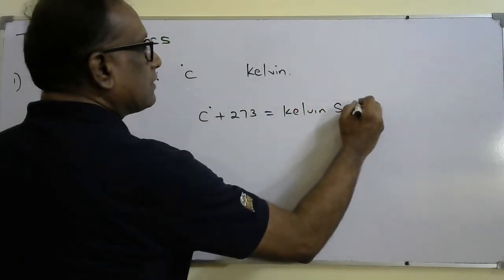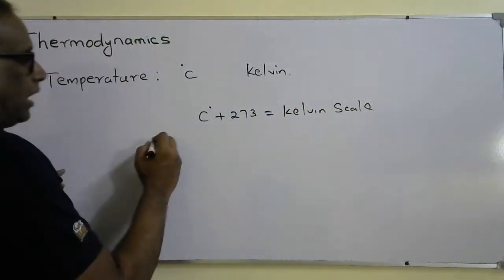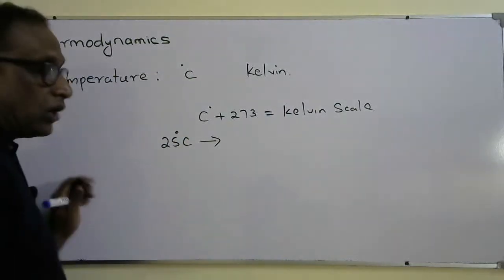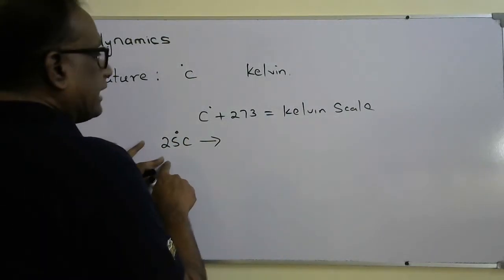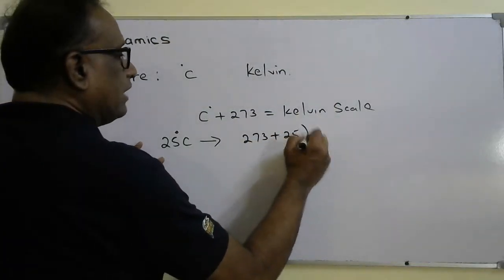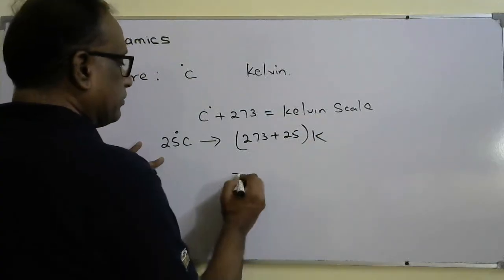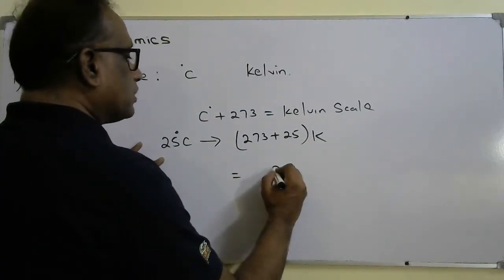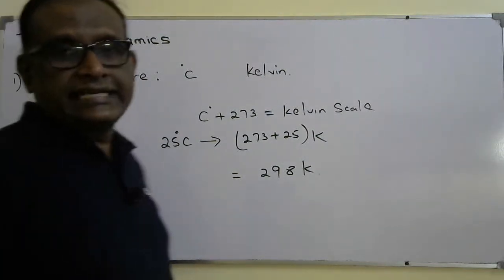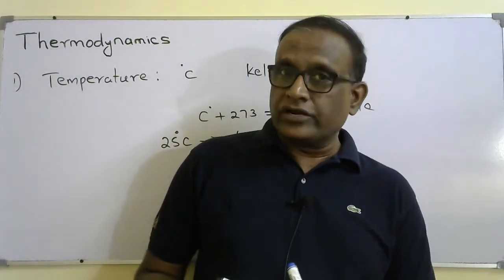For example, 25 degrees Celsius means how much in Kelvin? 273 plus 25 Kelvin. So that will be equal to 298 Kelvin.